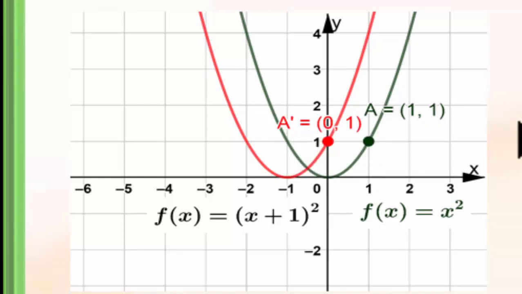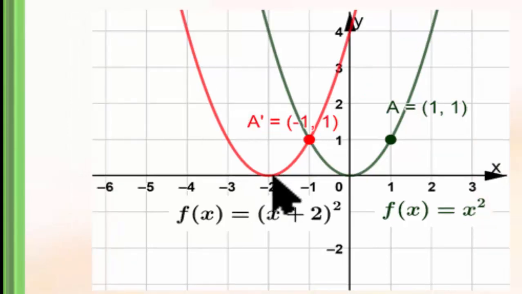1). That means we subtracted the value of c from the value of x, or subtracted 1 from 1, then 1 minus 1 is 0. And the second time, if we move it 2 units to the left, it becomes here.